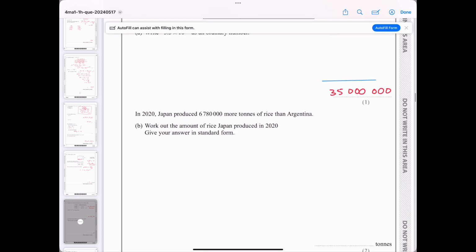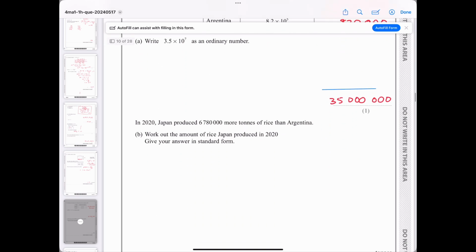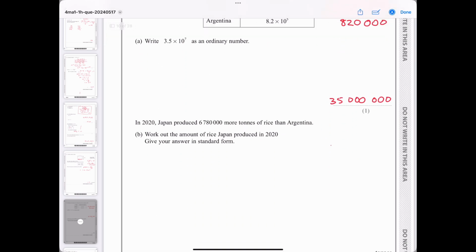In 2020, Japan produced 6,780,000 more tonnes of rice than Argentina. Work out the amount of rice that Japan produced in 2020. So is this all in 2020? Good. Otherwise that could be a bit of a mess. So it's going to be 6,780,000 plus 820,000. I'm just going to use the calculator.